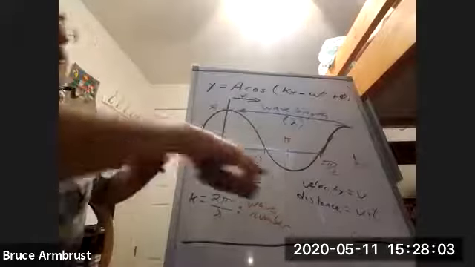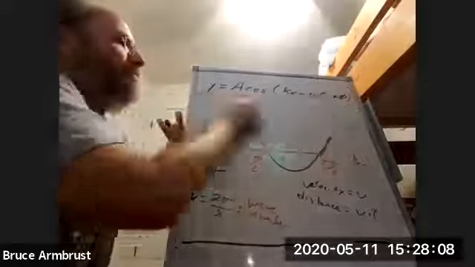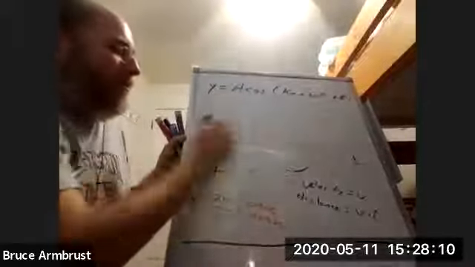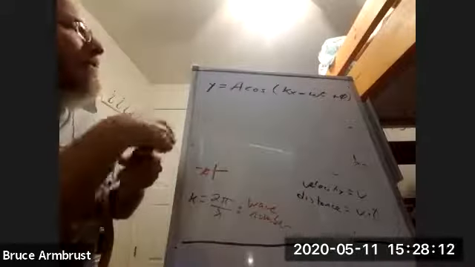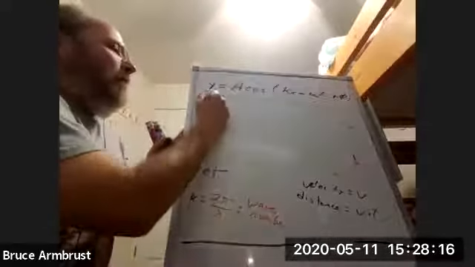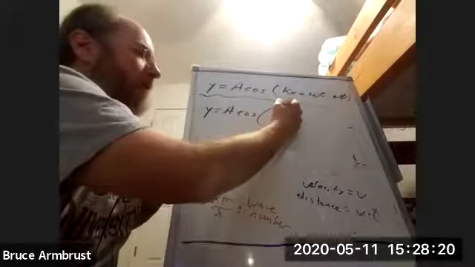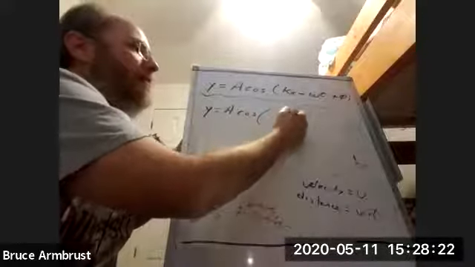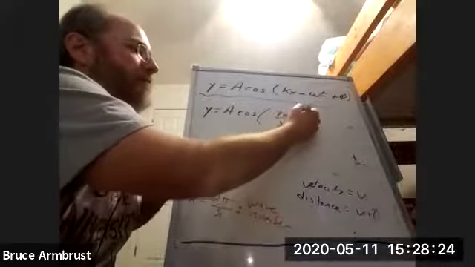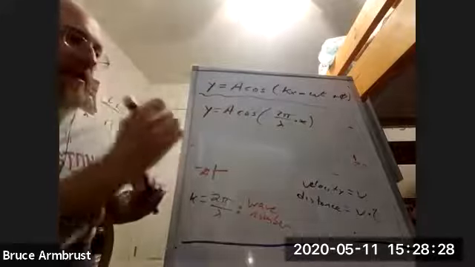Okay, so let's do a horizontal shift by subtracting. Where we are so far, we'll come back to this in a second, but we currently have a times the cosine of 2 pi over lambda times x, right? That was our, we just took a snapshot, and that's what we see.